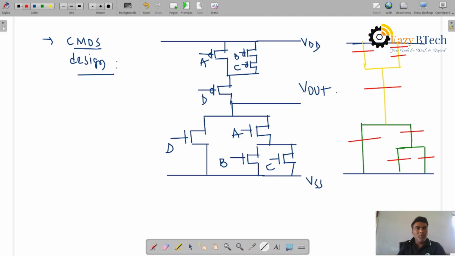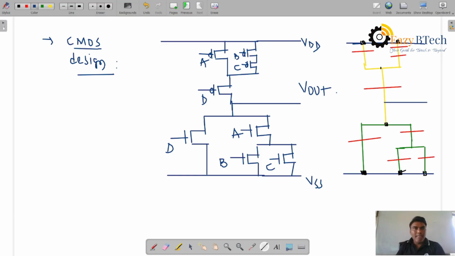Now the interconnecting point is from here, from diffusion to metal. So directly we can connect it over here, and from here we can take the output metal. It is a metal, blue color representation.